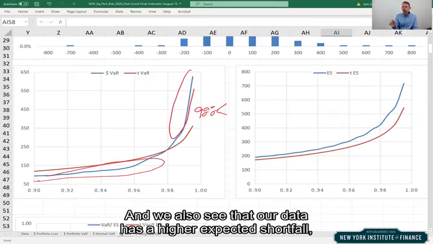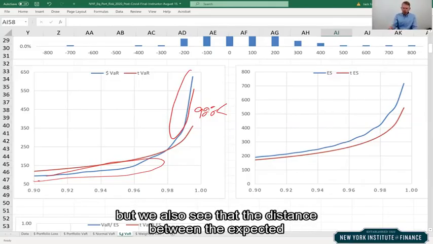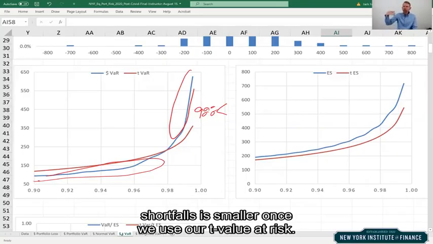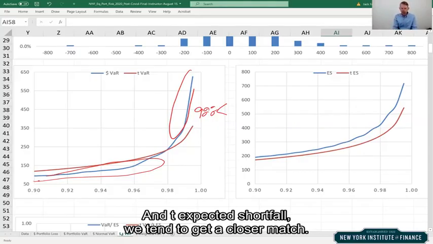And we also see that our data has a higher expected shortfall, but we also see that the distance between the expected shortfalls is smaller once we use our t value at risk and t expected shortfall. We tend to get a closer match.